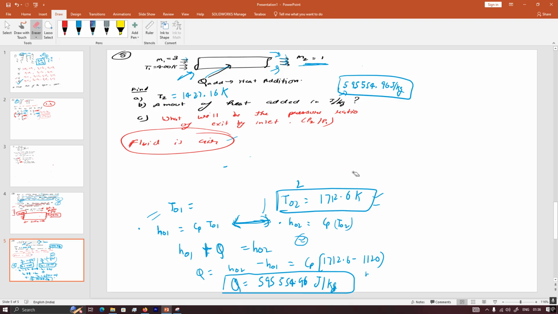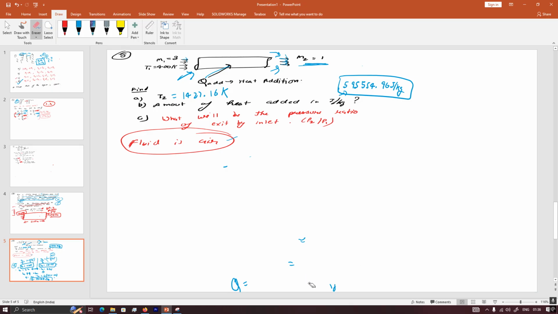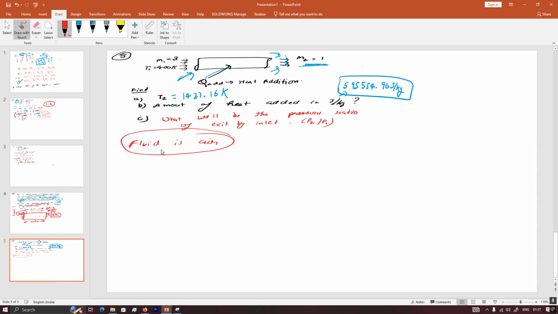Now the last question. What will be the pressure ratio of exit by inlet?